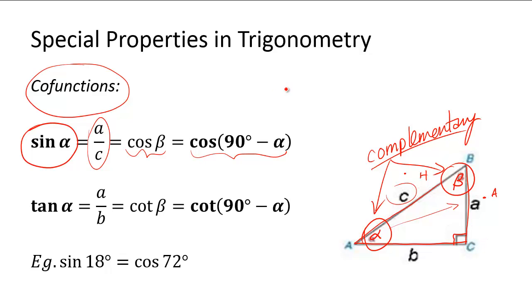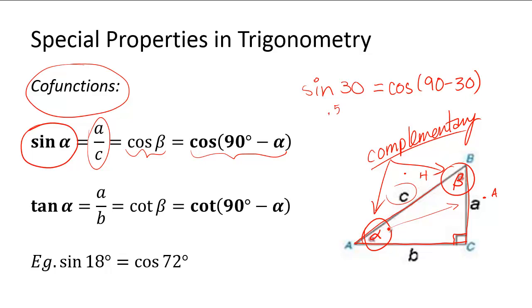So let's take an example. We know sine of 30, if you type it in your calculator, or if you remember that one, it's 0.5. Let's check if that's the same as cosine of 90 minus 30.